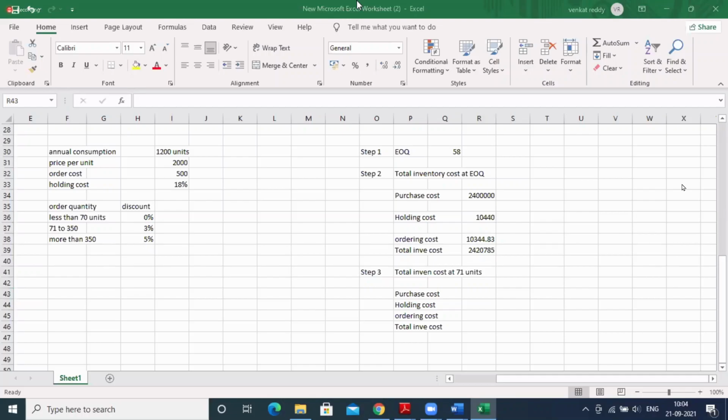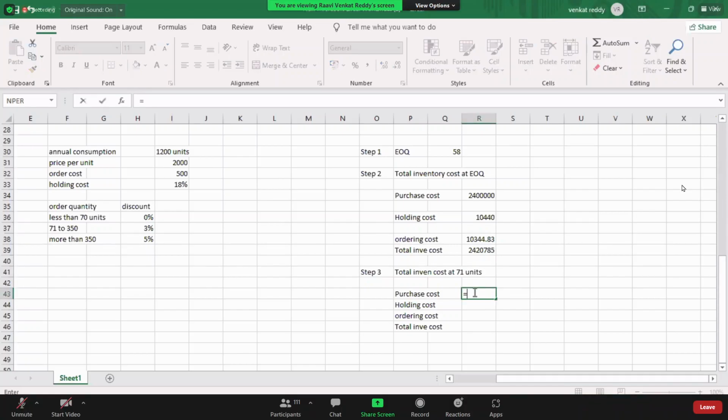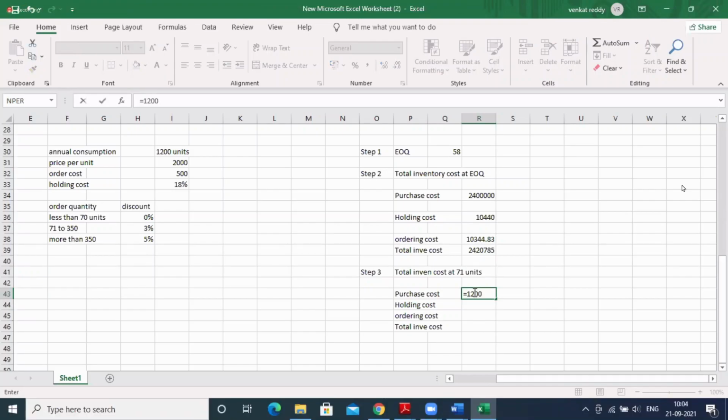It is 23 lakhs 28,000. Okay. So the purchase cost should be annual consumption 1200 into the price per unit, which is 2000, but we will be getting a discount of 3%, right?